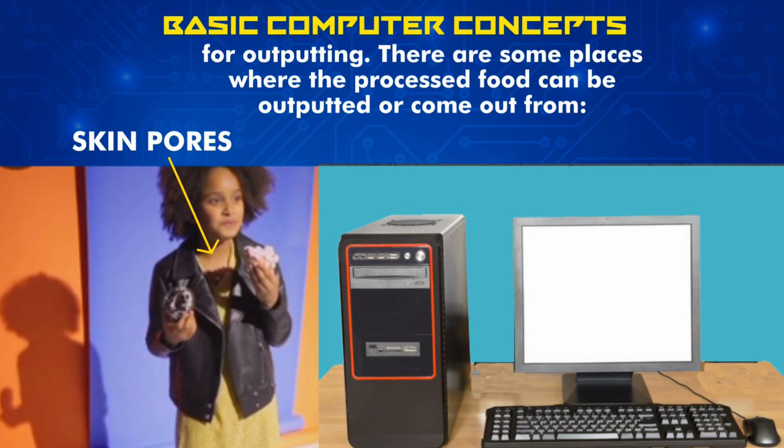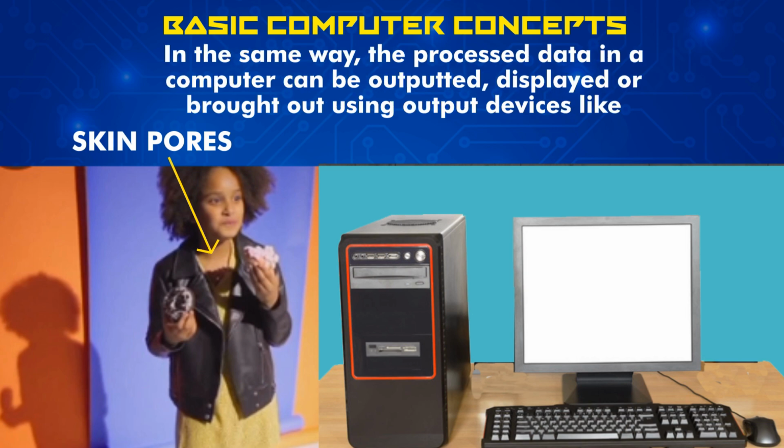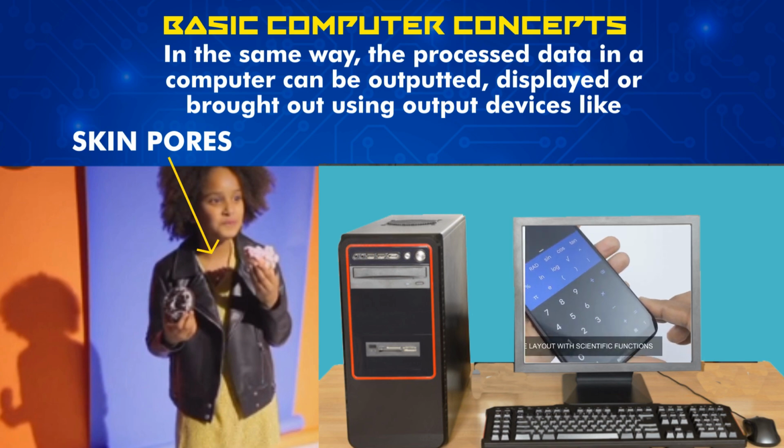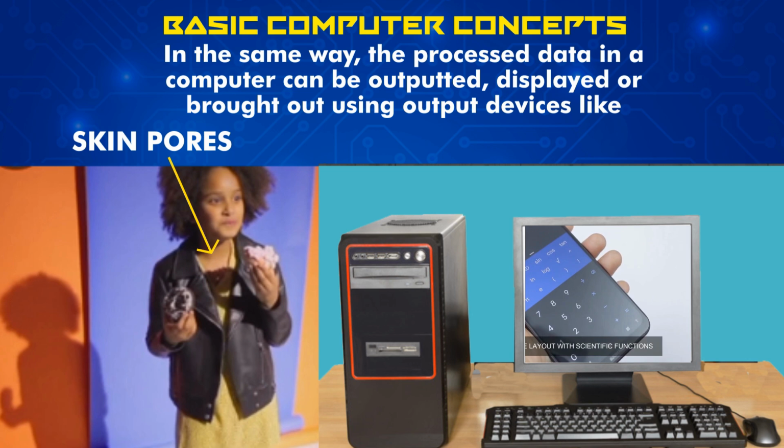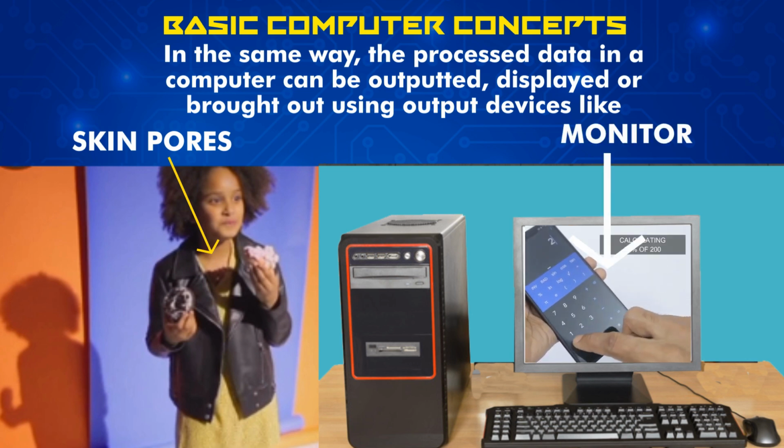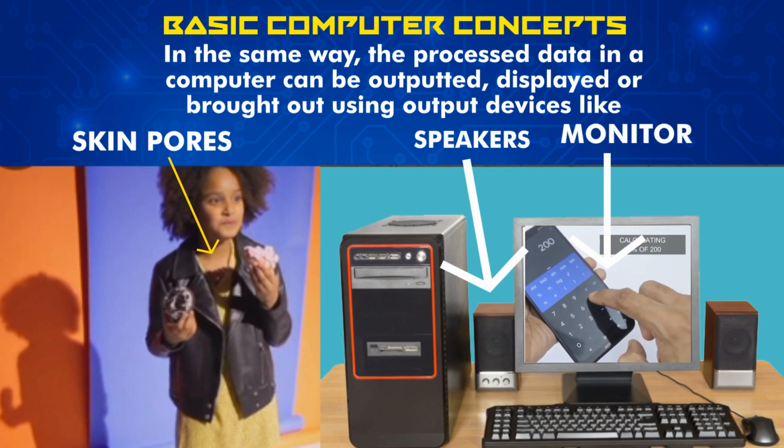Or even the unwanted food can be pooped out through another organ called the anus and vomited from her mouth. In the same way, the processed data in a computer can be outputted, displayed, or brought out using output devices like monitor, speakers, even printer.